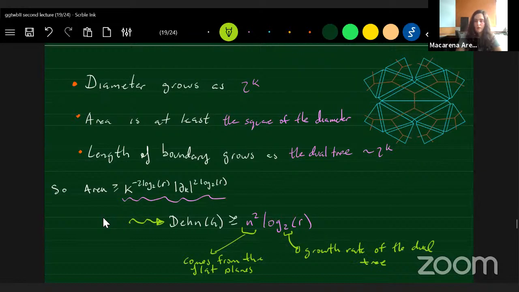And this r right here comes from the attaching maps from the cylinders to the tori.